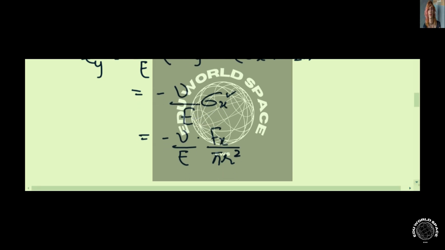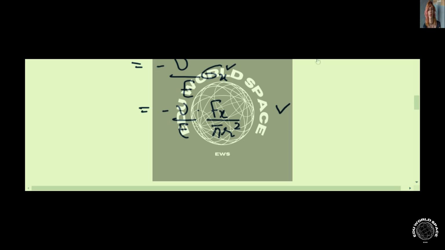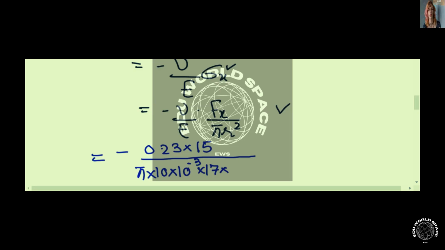I'll substitute the values, and we'll have negative 0.23 into 10 into 15 divided by pi into 10 raised to power 10 into 10 raised to power negative 3 into 17.362 into 10 raised to power 9.